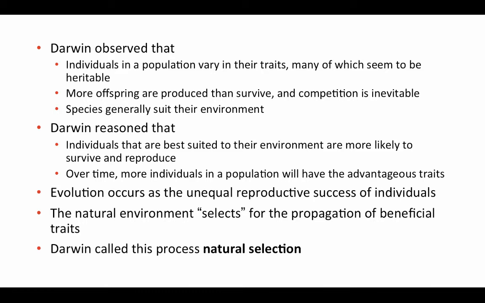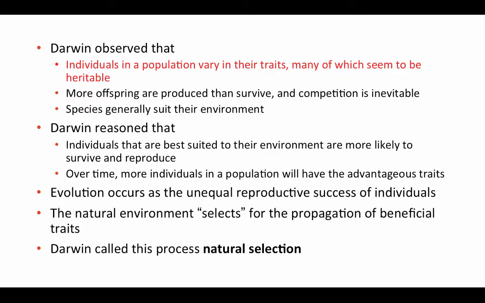And Darwin really had nailed this idea very carefully with lots and lots of evidence that showed the soundness of this reasoning. But the one part of this that he really didn't nail is, although he observed that individuals in a population vary in their traits, and that offspring tend to resemble their parents, and so these traits can be heritable, he really did not know anything about the mechanisms by which traits are passed on from parent to offspring and what causes that variability in population.